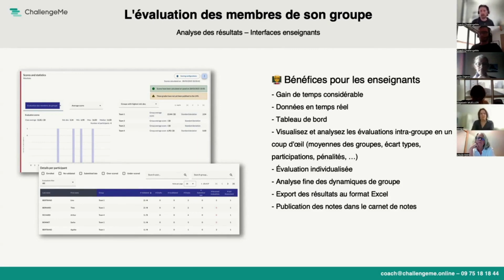For me, the most important information during a group member evaluation is to look at the standard deviations within the group, or to see if one or more people in the group have grades that are completely different from the rest of the group members, in order to quickly identify dysfunctional groups. So you will have a direct and very quick view of this information.